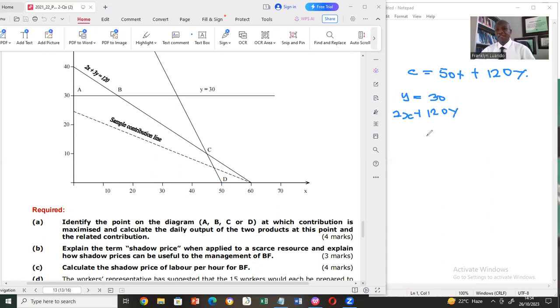These two lines are where we have the limiting factor, or the binding constraints, and that's where the optimum output will be found.